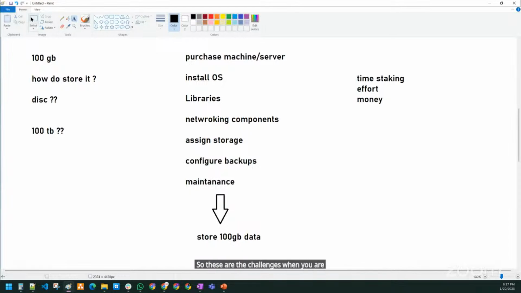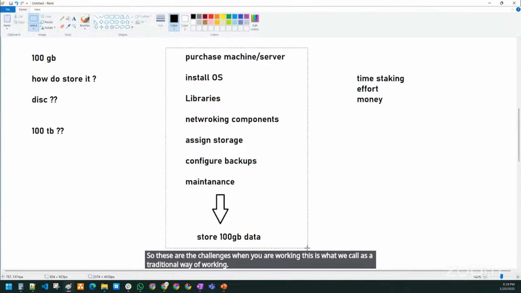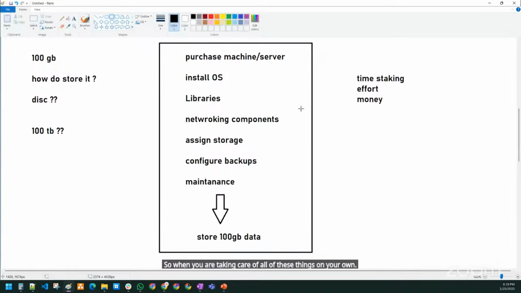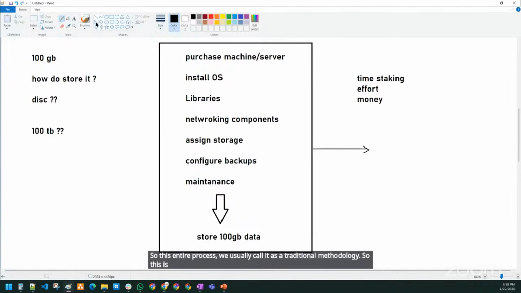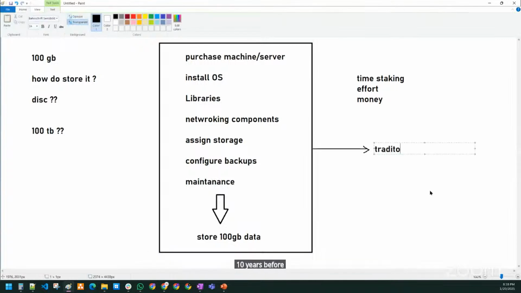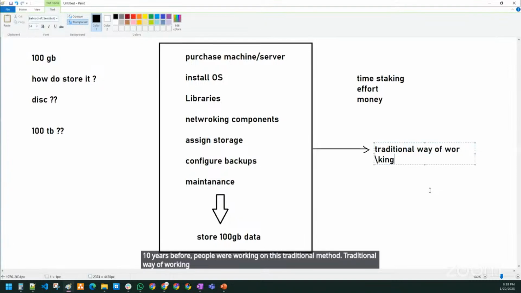This is what we call a traditional way of working. So when you are taking care of all of these things on your own, this entire process we usually call a traditional methodology. Earlier, if you go 10 years before, people were working on this traditional method, traditional way of working. So the companies and employees were working in this particular methodology called traditional.